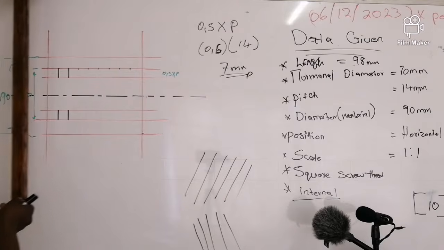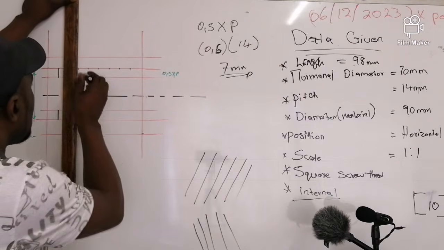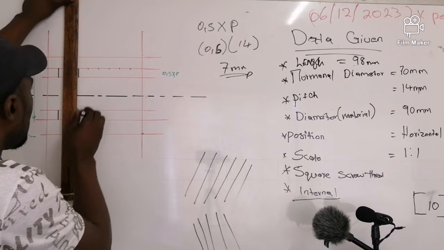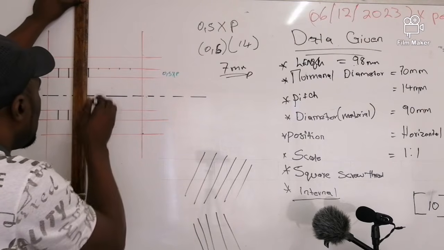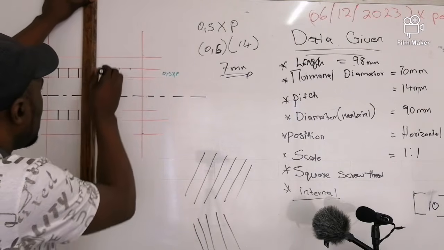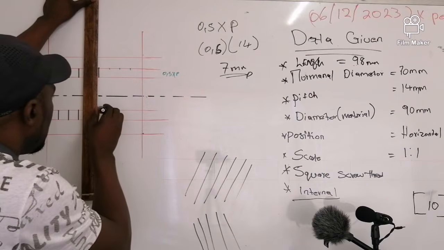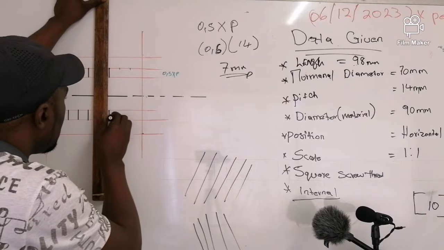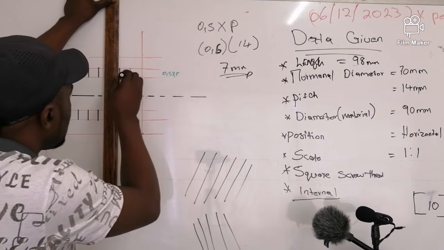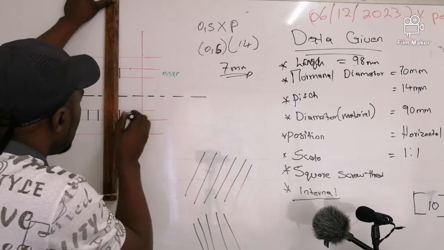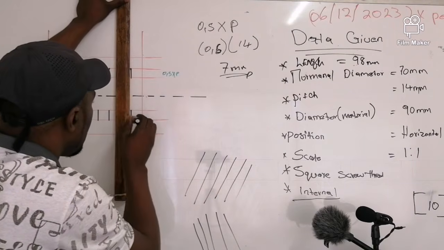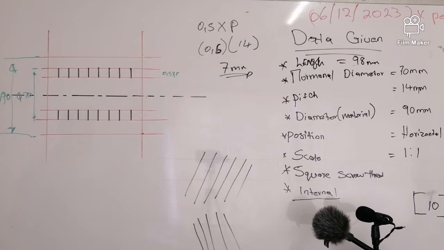So they are parallel, vertical. Like this we go. So you must try to be fast.